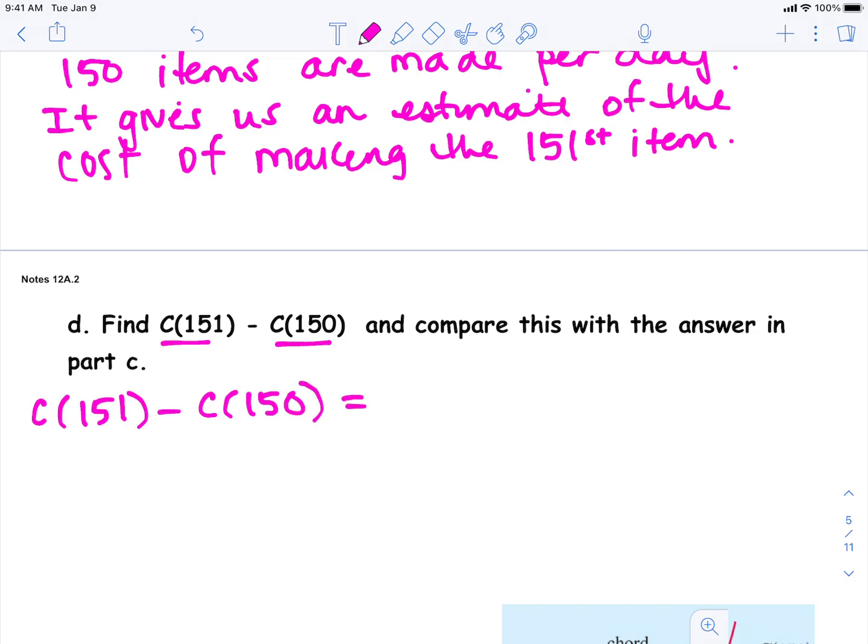So let's start off with the first evaluation, and we'll be using our calculator.